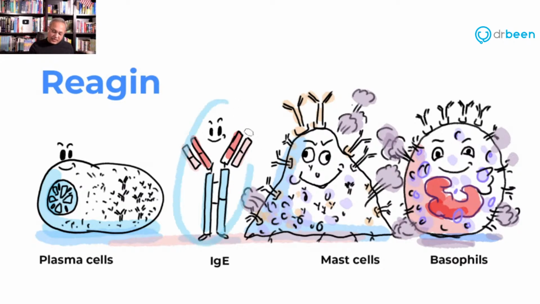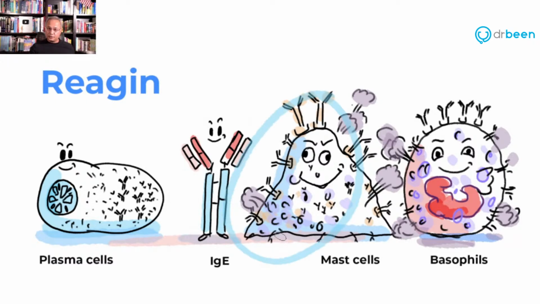Plasma cells make antibodies, we know that. Antibody type E, or immunoglobulin E, is today's important character. Mast cells, basophils, and IgE, this is the game here. There is one more character, and that is allergens. We'll talk about that in a second as well. So IgE is produced. This IgE can then attach to the mast cell.